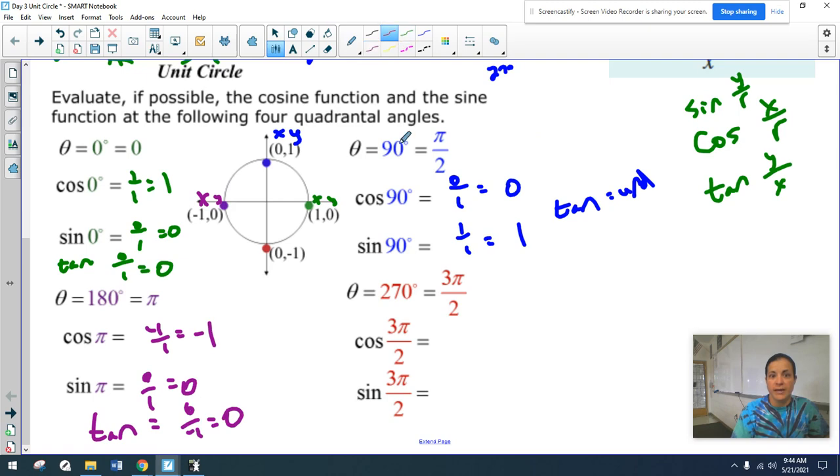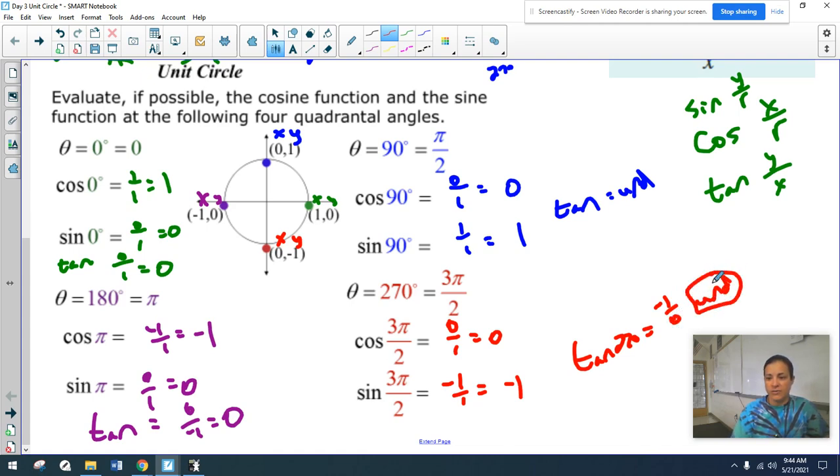Okay, and then in red, I've got the 270 right here. If I do the cosine, that's 0 over 1. Sine would be the negative 1 over 1. And if I did tangent of 3 pi over 2 or 270, then I would get negative 1 over 0, which is undefined.